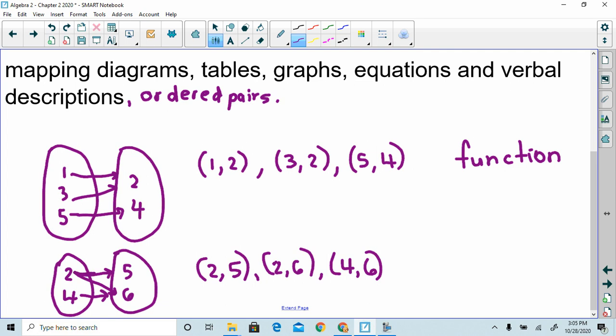When I see that 2 has 2 different possible outputs, it's not a function. So I'm concerning myself with what's in this first mapping group, or my x values. If an x value is repeated, or a domain value is repeated, it has to have the same output in order to be a function. So if I input a value of 2 and I get another number out besides 5, it's not a function.